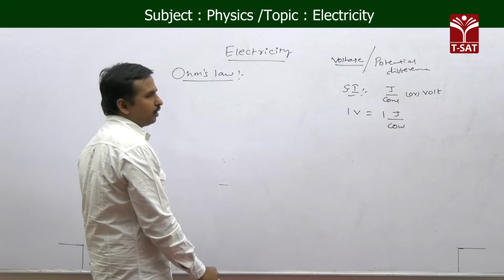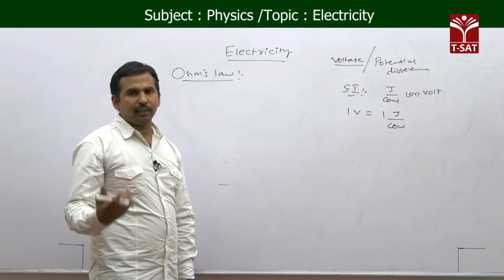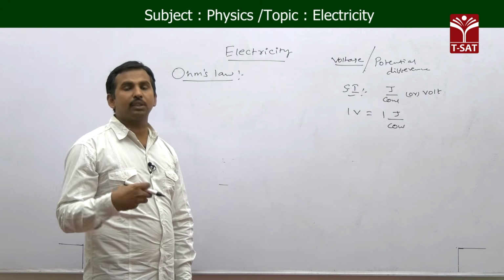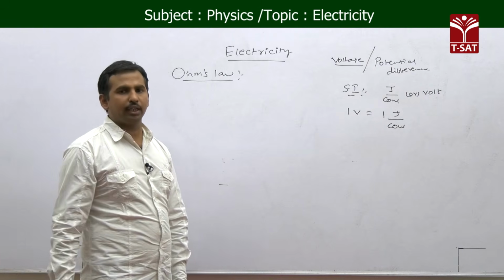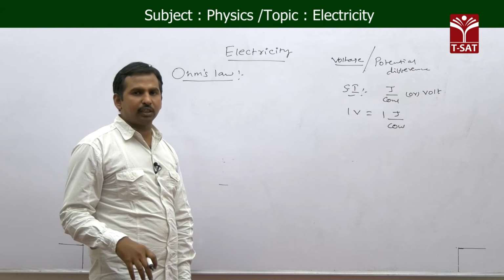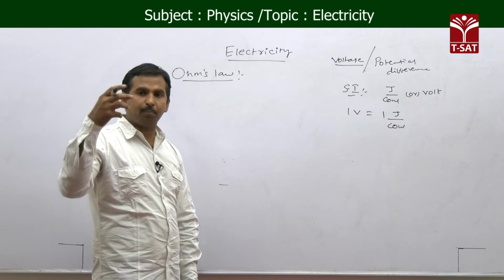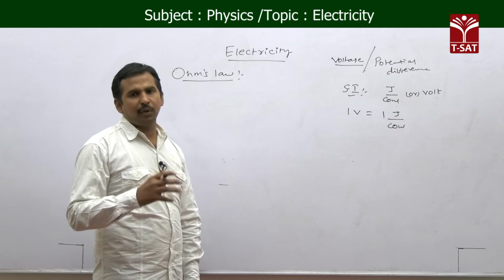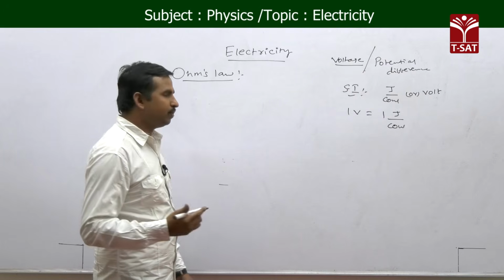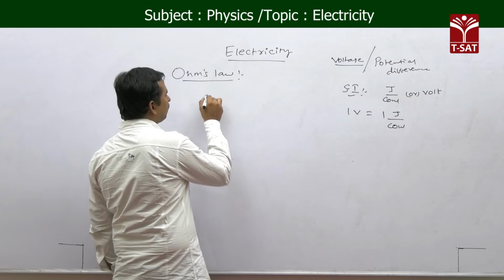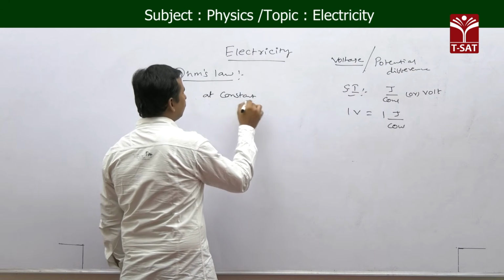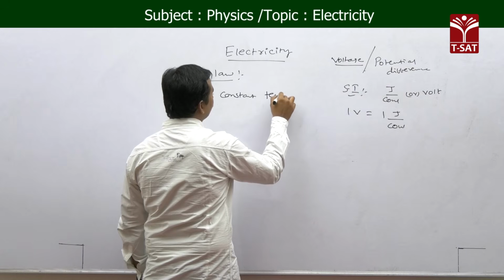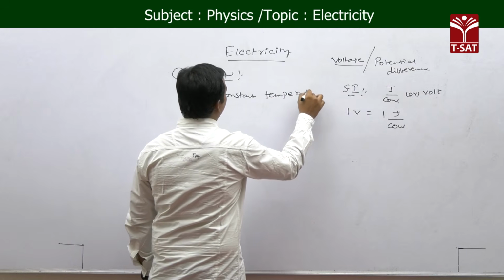According to Ohm's law, whatever the potential difference, or the work you are doing on the unit charge to go in one particular direction, indirectly depending on the voltage only, we get the current. This is at constant temperature, very, very important: at constant temperature only can we apply Ohm's law.